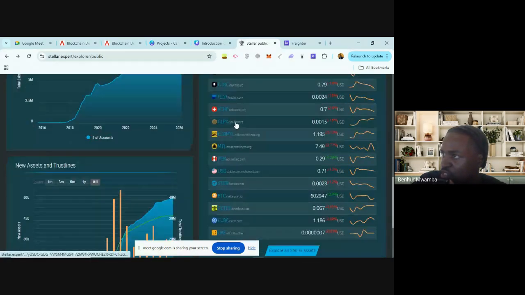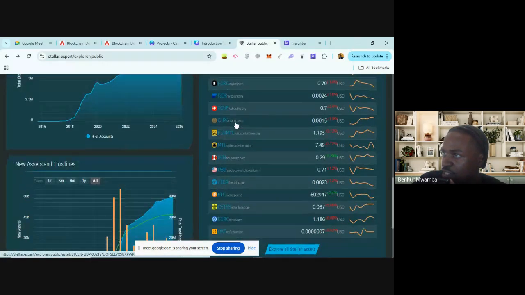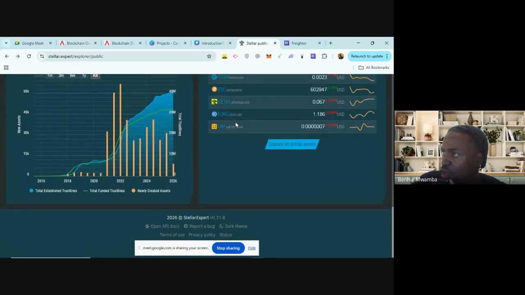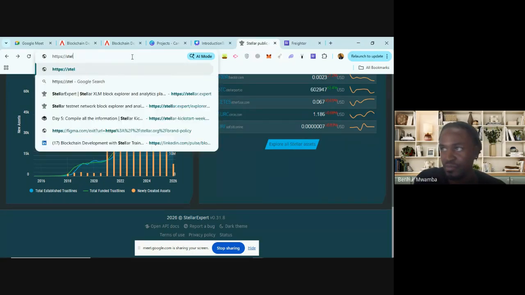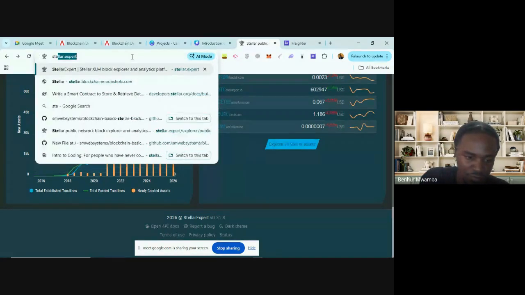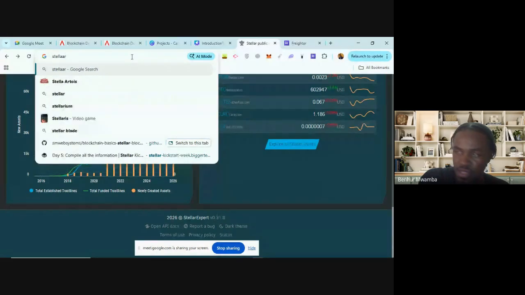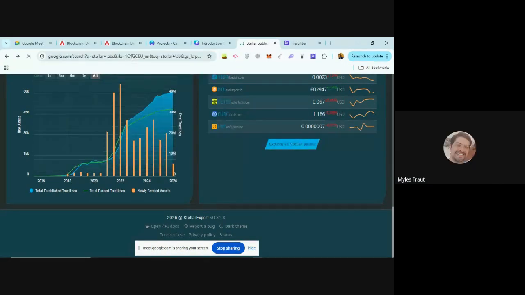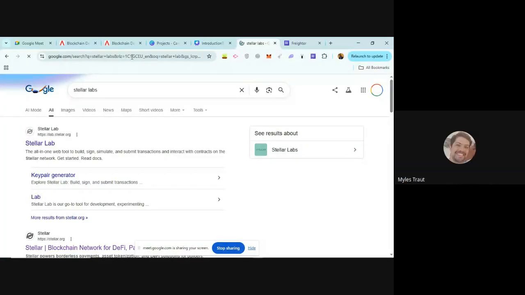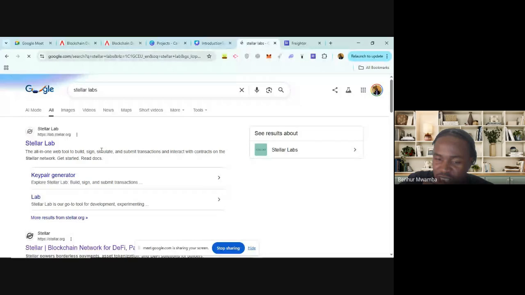Let's look at the smart contract. Stellar Lab.